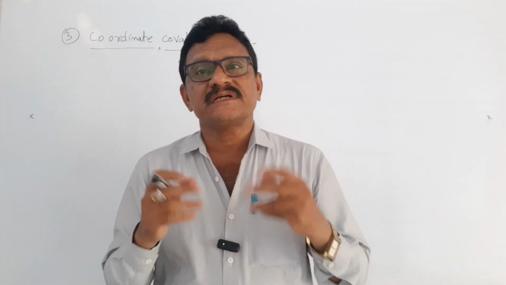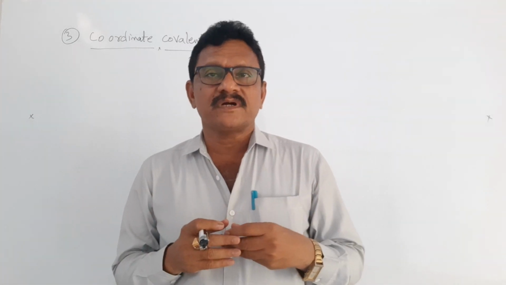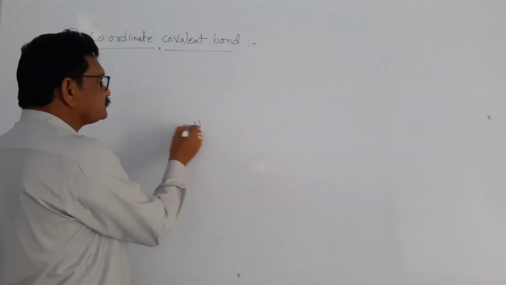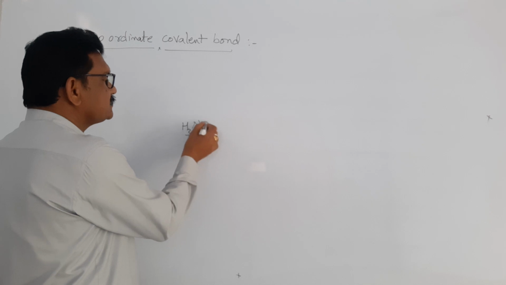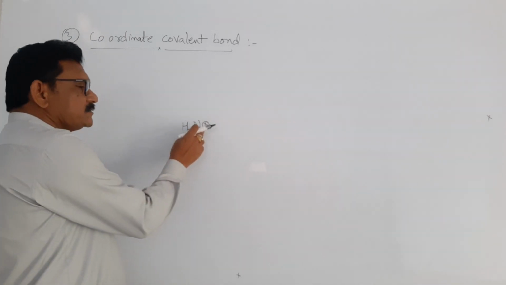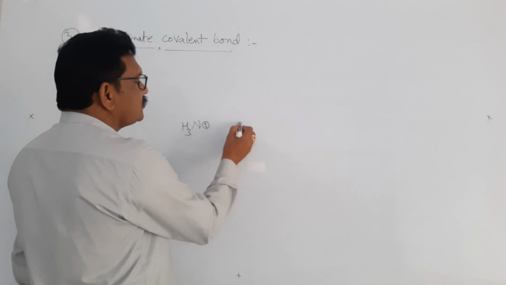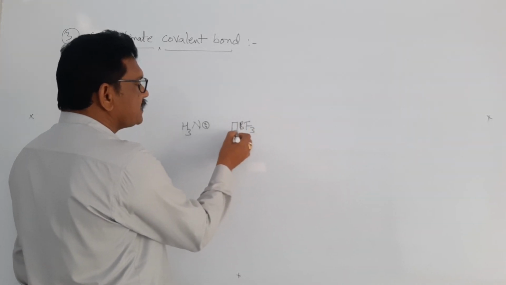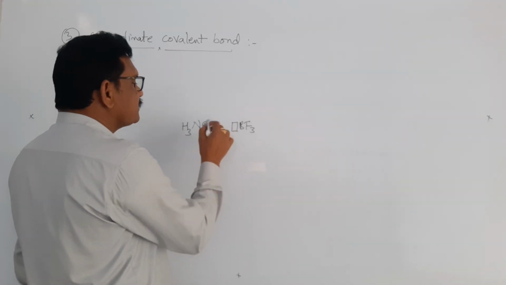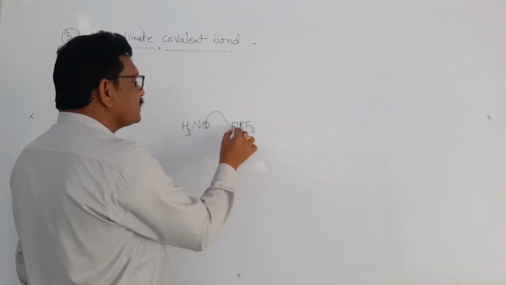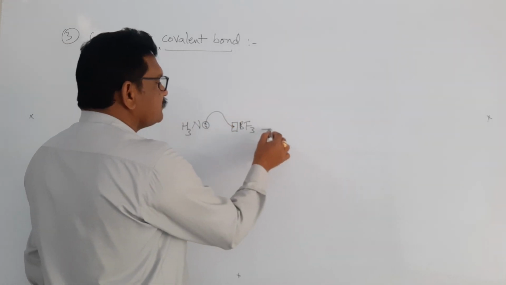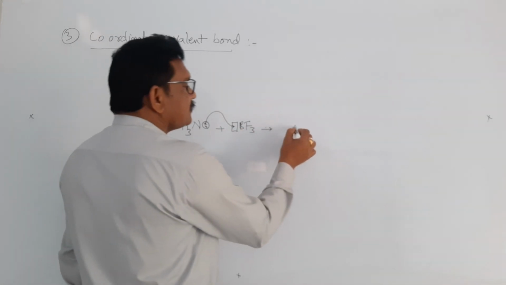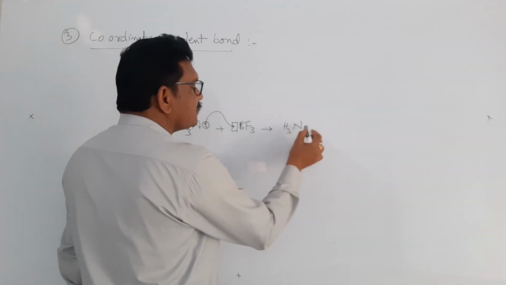That bonding we consider as, what is that? Coordinate covalent bond. See, I show you, for example, ammonia. Okay, it has an electron pair, a lone pair of electrons. Boron trifluoride, BF3, has one empty p orbital. In between these two, what happens? Nitrogen can donate the electron pair to the boron trifluoride. By this, the bond should be formed like this.